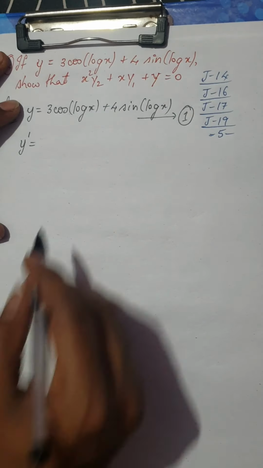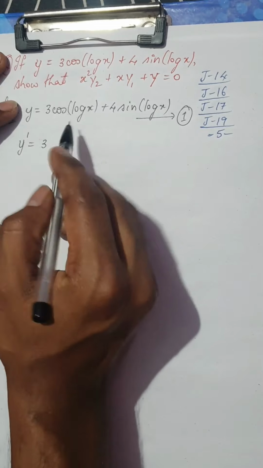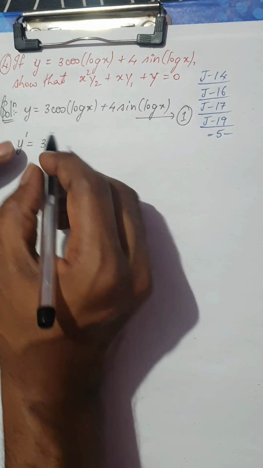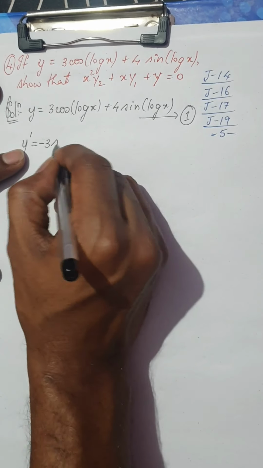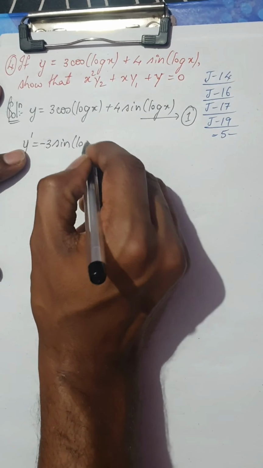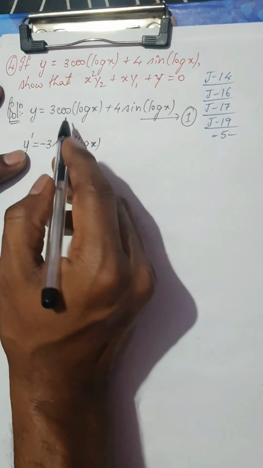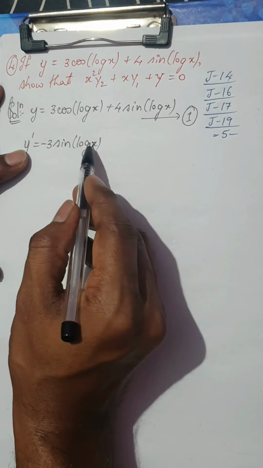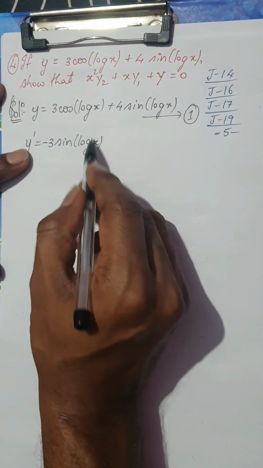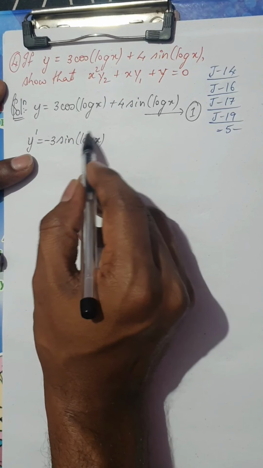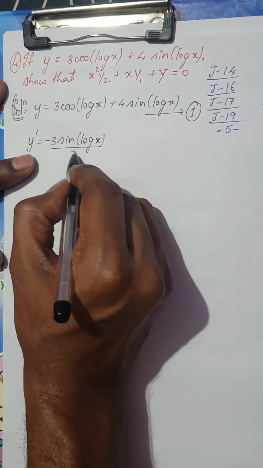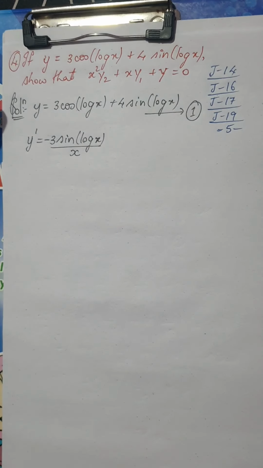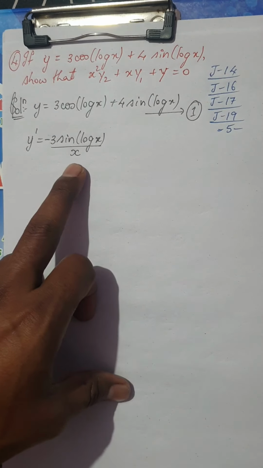Now 3 is a constant. Now what is the derivative of cos? We know the derivative of cos of f of x is minus sine f of x into the derivative of log x. Remember, you have to differentiate log x. We know the derivative of log x is 1 by x.